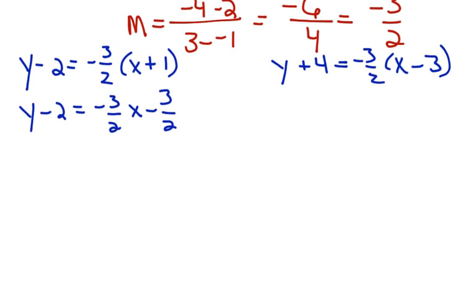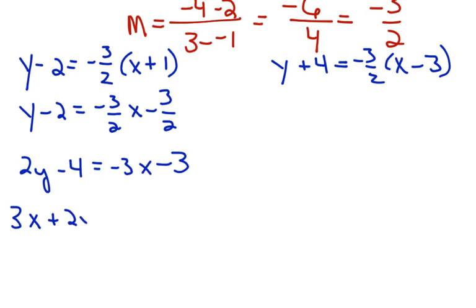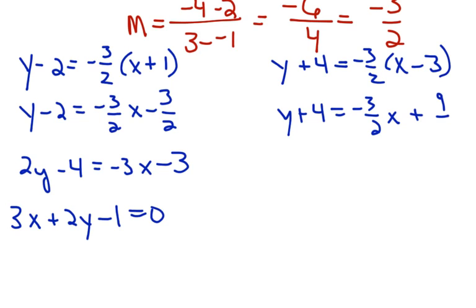I hate fractions, so maybe I'll multiply everything by 2. And then I'm going to get everything on the left-hand side of the equation. I get 3x plus 2y minus 1 equals 0. Now let me do this with the equation on the right. y plus 4 is equal to negative 3 halves x, oops, try that again, 3 halves x plus 9 halves, because I multiplied 2 negatives.